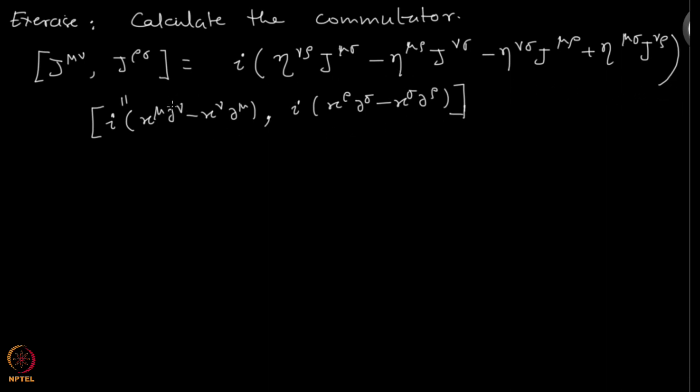Now, note that whatever symmetry the left hand side has has to be obeyed on the right hand side. So, the left hand side is anti-symmetric under μν interchange. So, the right hand side should also be anti-symmetric under μν interchange, and antisymmetric under ρσ interchange.